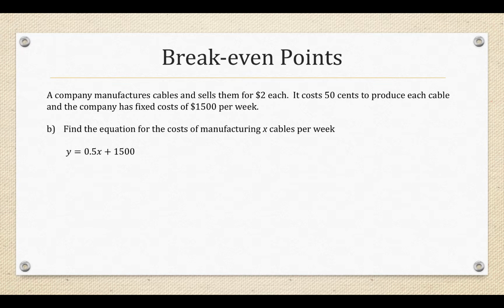So 0.5 is half a dollar, which is 50 cents. And then we've added the fixed costs. That graph looks like this. And you can see when 0 cables are produced, the start value is 1,500 because we have that cost that does not change.